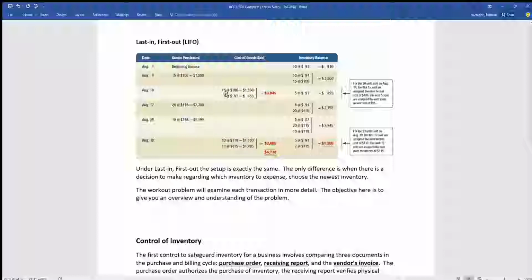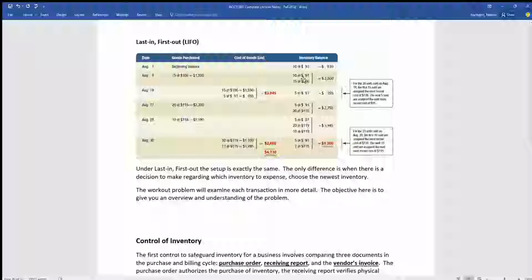Since this is last in, first out, the first one we look at is going to be the last item. This time it's 15 at 106. Well, 15 doesn't get us to 20 yet. So 20 minus 15 says we have 5 more units that we got to get the cost of. So we look at the one above it, which is the 10.